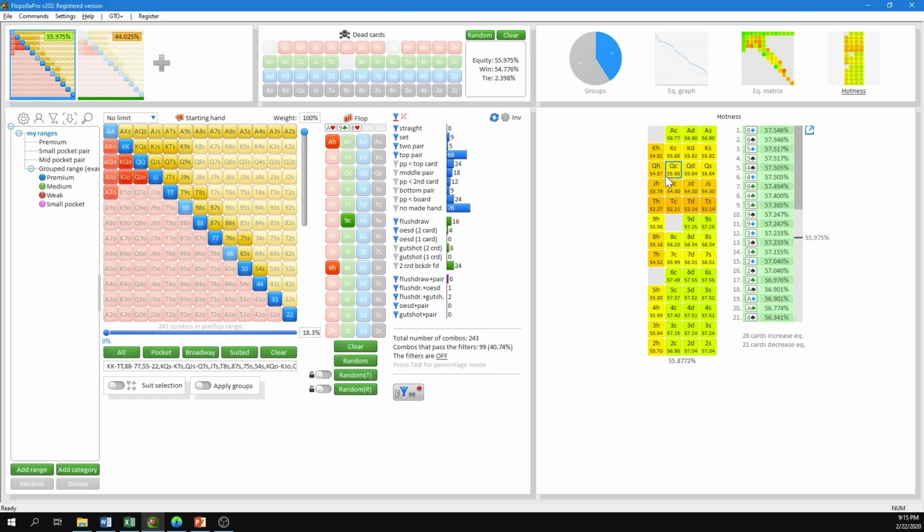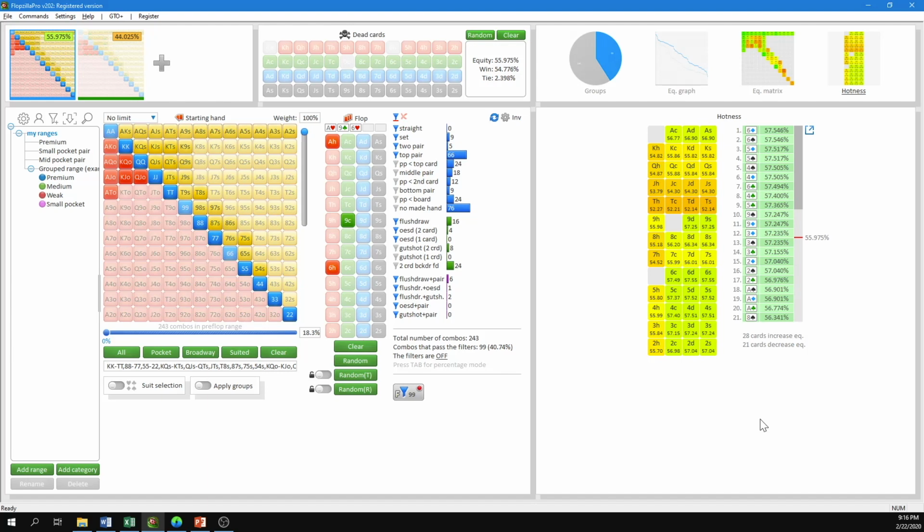Any of those middling cards, king, queen, jack, ten, especially the tens, are not as good for our overall range moving forward. And this is our overall range. This is not necessarily our betting range or our continuing range, but it's just something to look at and understand. We do have 28 cards here that are going to increase our equity, and we have 21 cards that are going to decrease our equity of our overall ranges, depending on how we narrow those ranges on various actions throughout the flop.